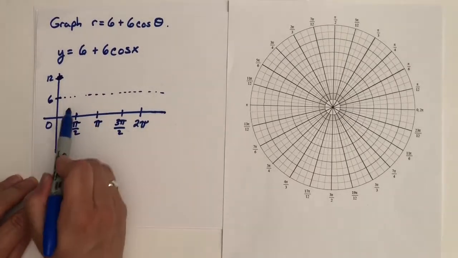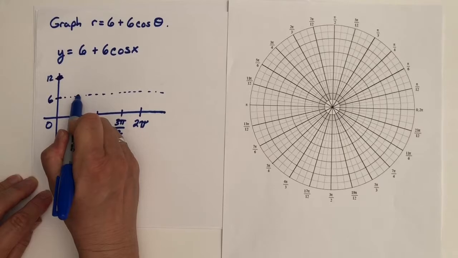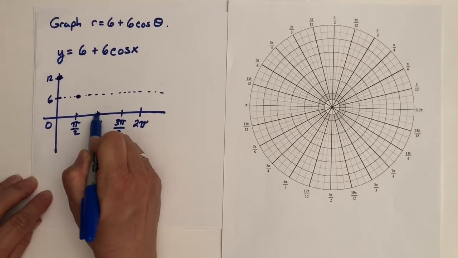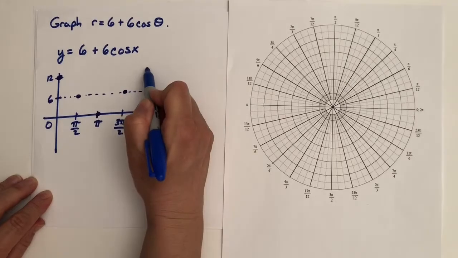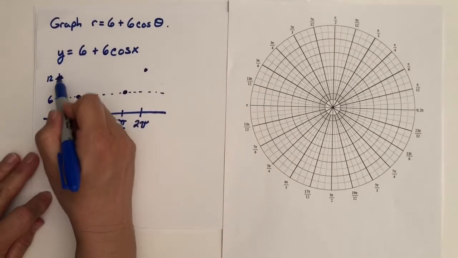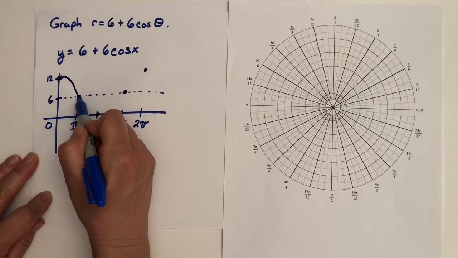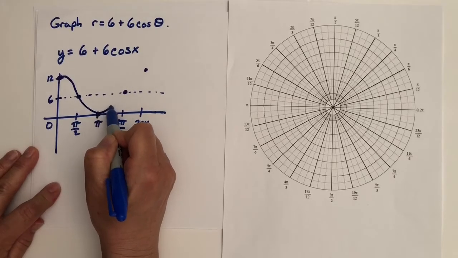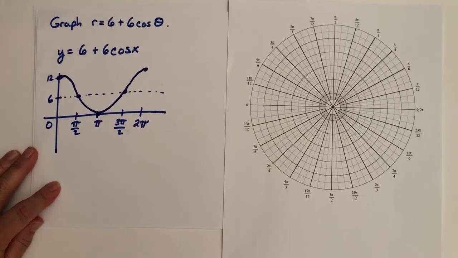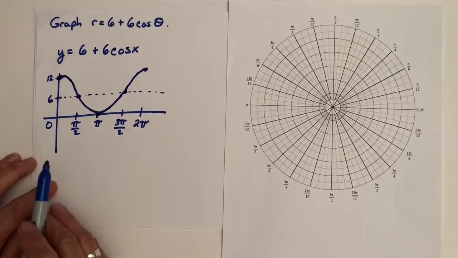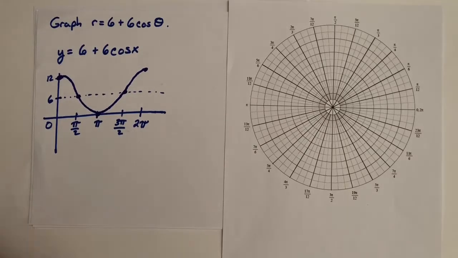It will come down and then hit the x-axis at pi, and then it will come back up like this. And again, good practice for graphing your rectangular trig functions. So here's a picture of y equals 6 plus 6 cosine x between 0 and 2 pi.